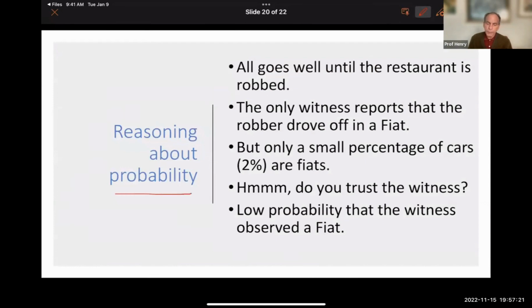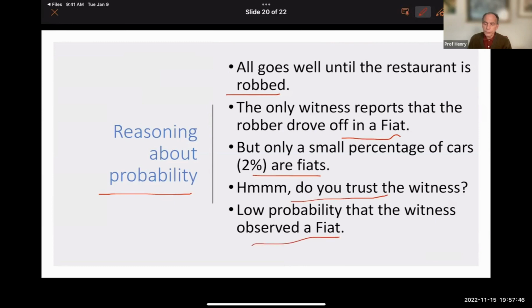Reasoning about probability. All goes well until the restaurant is robbed. The only witness reports that the robber drove off in a Fiat, but only a small percentage of cars are Fiats. Do you trust the witness? All right, so a low probability.